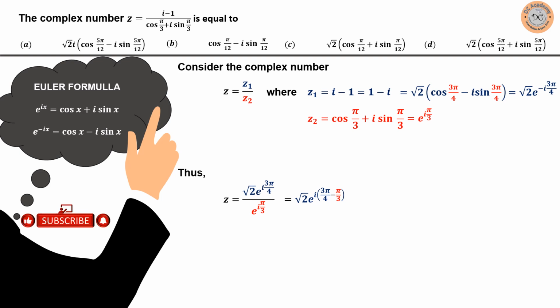What is 3 pi by 4 minus pi by 3? 12 is the LCM, and if I calculate, it is 5 pi divided by 12. Again, coming back to the Euler formula, e to the power i 5 pi by 12 can be written as cos 5 pi by 12 plus i sin 5 pi by 12, so z is root 2 times that. And hence, it is obvious that option D is the correct answer.